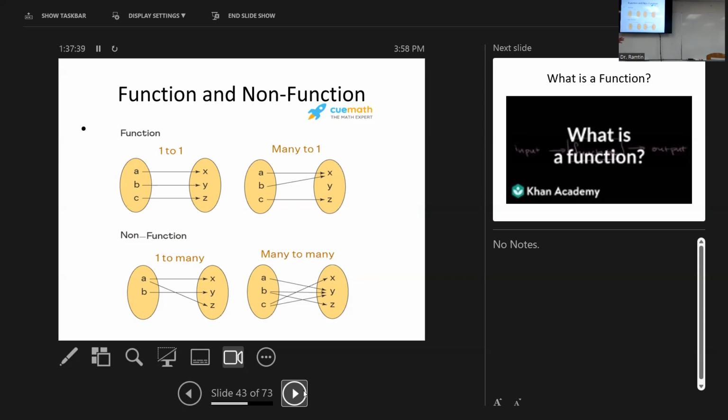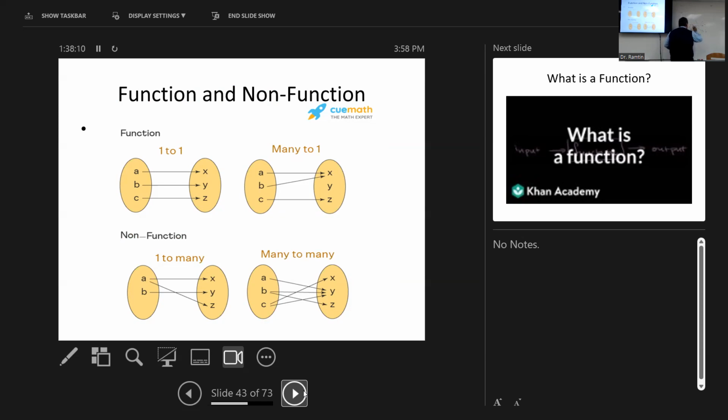So if I have 2x, and one time it points me to 4 and another time it points me to 6, that's not a function. There's a problem there. But you can have 2x plus 1 minus 1.